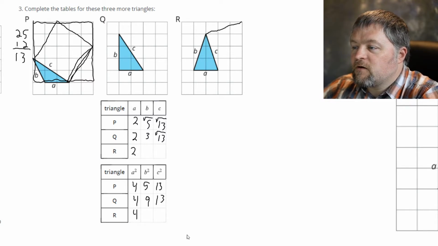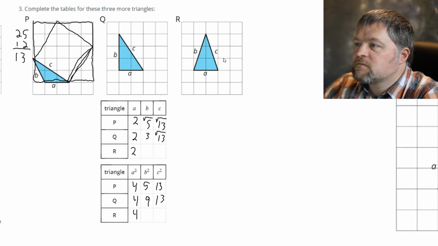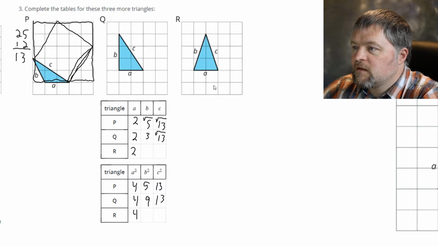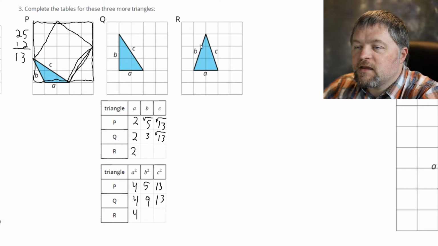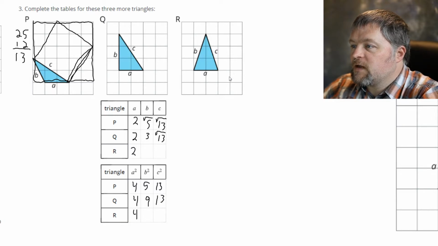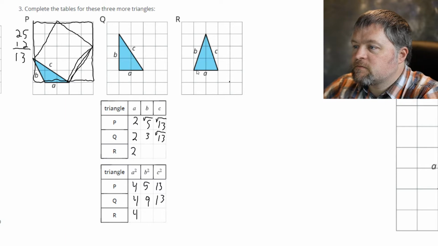Uh-oh, we don't have space to do that one. Let's do B here, which goes up 3 over 1, so we would want to go over 3 and down 1.